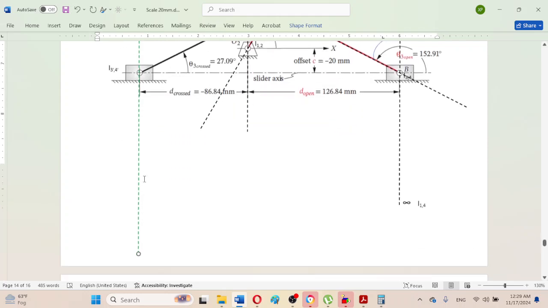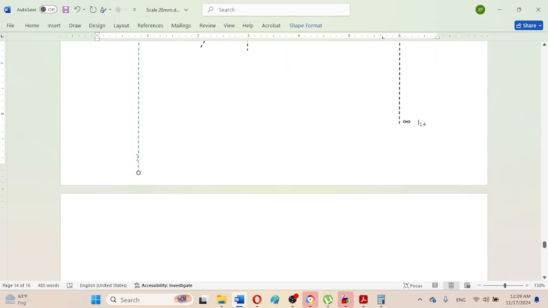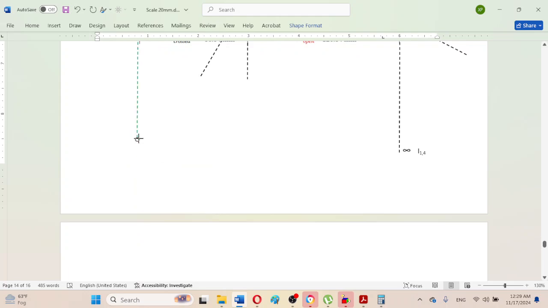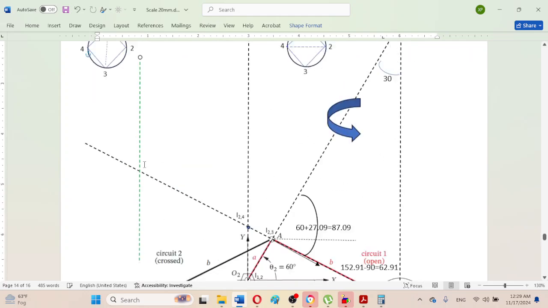So this is actually the effective rocker at infinite length.